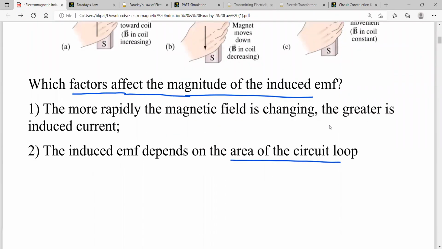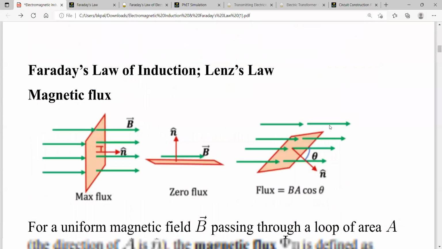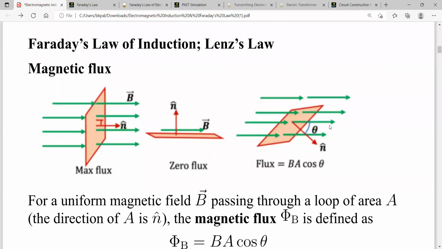Now, this situation was first understood by two scientists: one is Faraday, another is Lenz. So now we are going to learn the mathematical expression of Faraday's and Lenz's law. Before we do that, we have to understand something called magnetic flux.